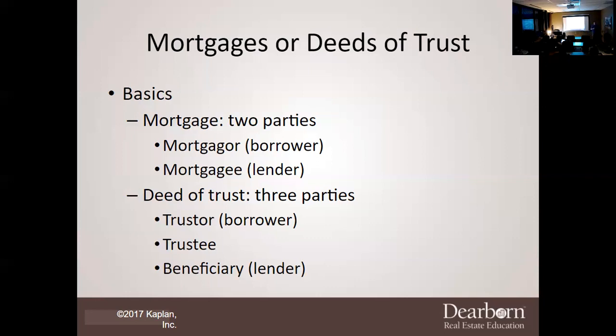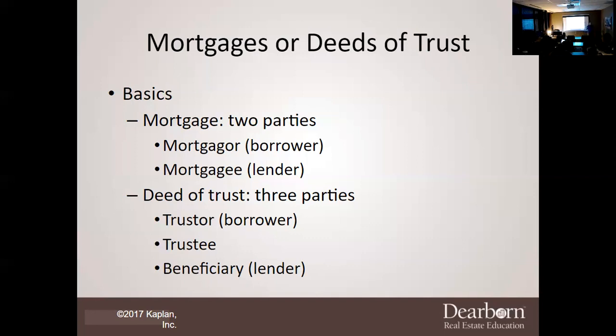Okay, so Mr. Garrett lives in Florida, and he has a mortgage with his bank. And his banker, Mr. Jacob, ends up in this situation. Mr. Garrett is going to be the mortgagor. Mr. Jacob is the mortgagee.